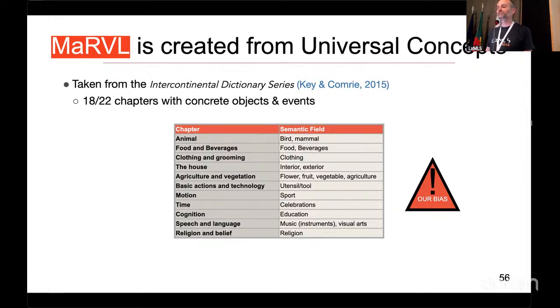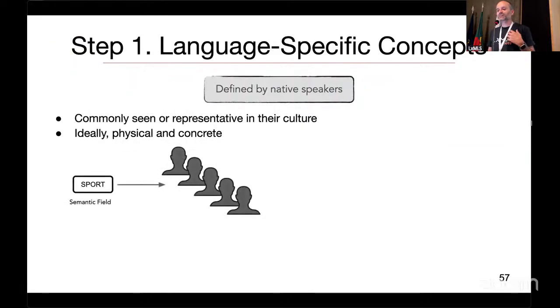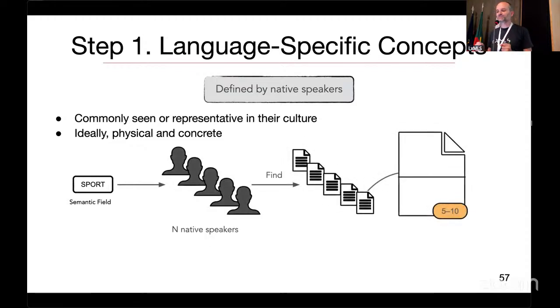It's unavoidable. Here, we worked with the Intercontinental Dictionary Series, and we focused on the chapters that were about concrete objects or concrete events. In terms of the data collection, we asked native speakers of languages to start from a semantic field in the dictionary, for example, sport, and then find a Wikipedia article that describes that sport in their language.